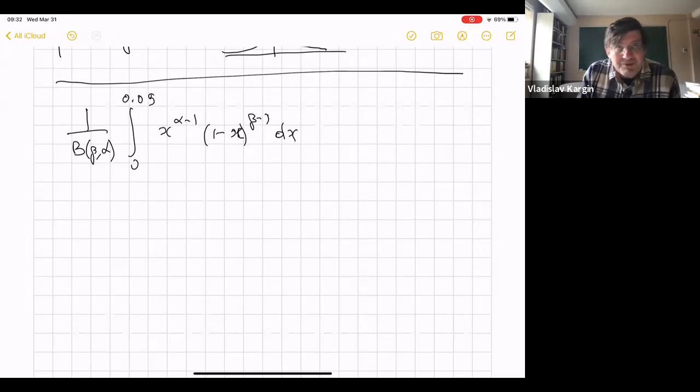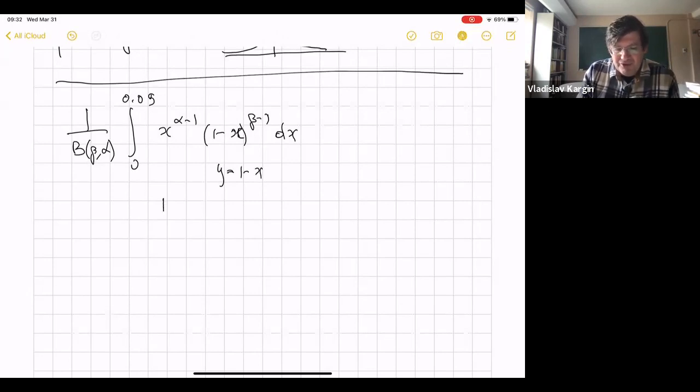If beta is equal to 18, you can still maybe do a change of variables. If both of them are large, it's harder. But if beta is large and alpha is small, you can change variable, say y equals 1 over x, and you will get y to a large power, which is not so bad.